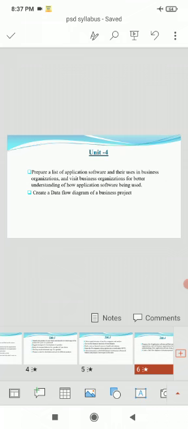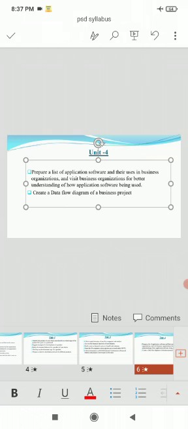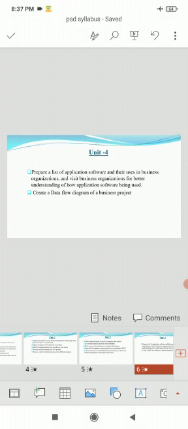Here we have to list out the application software used by business organizations and also visit the business organizations to know how the selected software is working there. And also finally we have to create a data flow diagram of a business project.